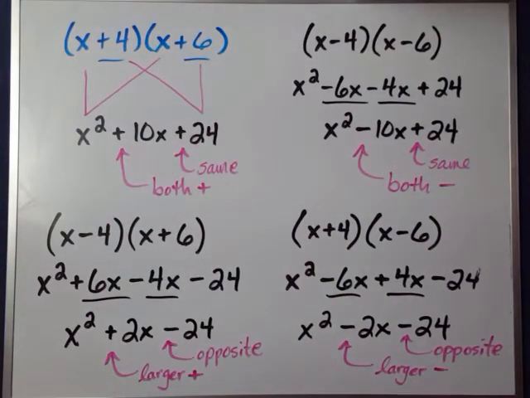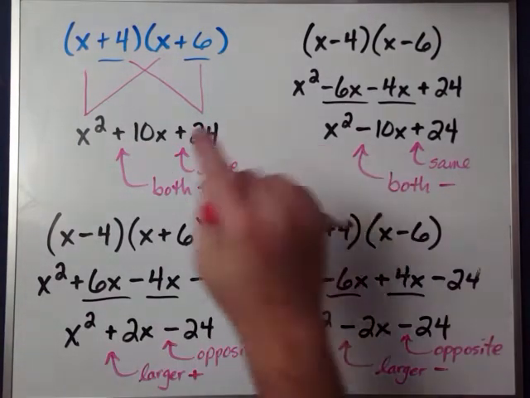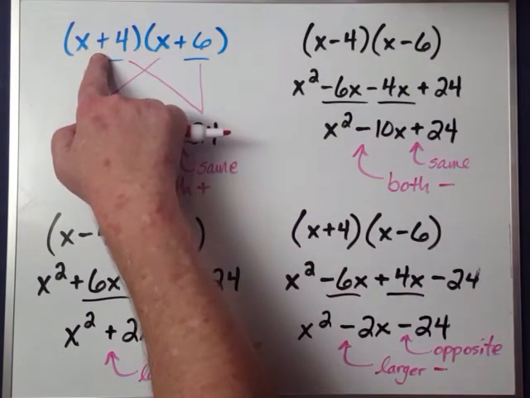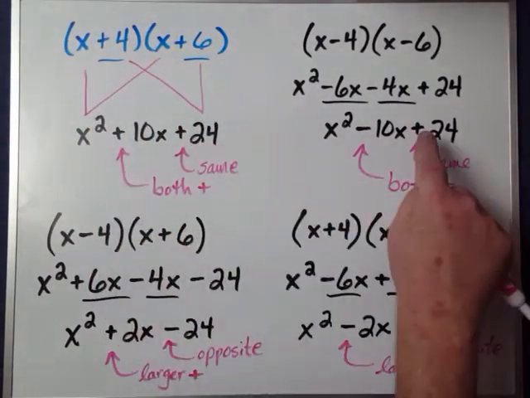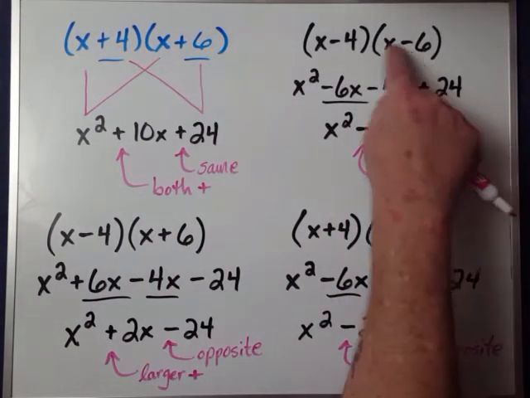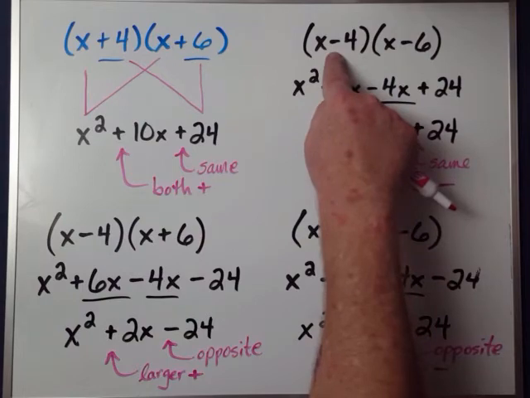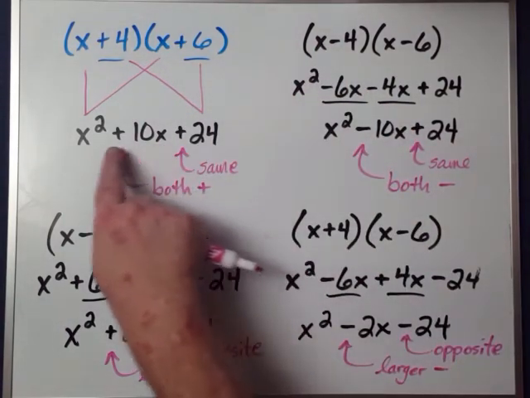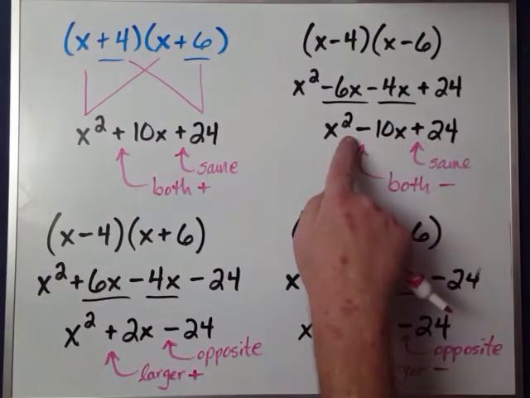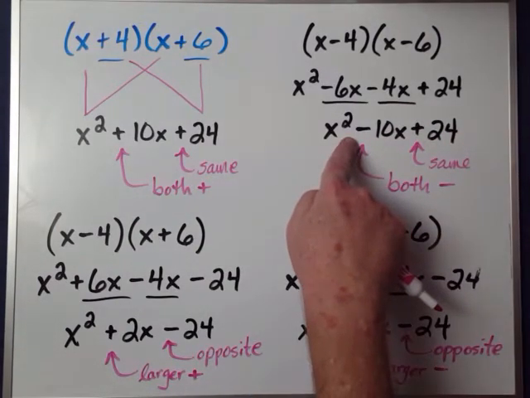We know that if this sign is positive, then the two signs in my factored form will be the same. In fact, in this case, they will both be positive. And in this case, they will both be negative.